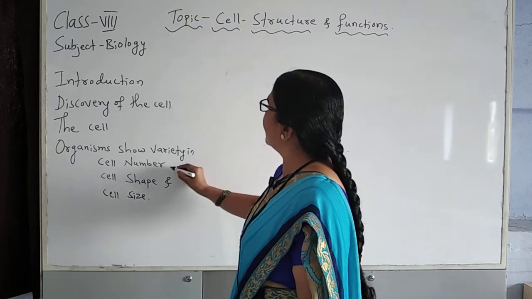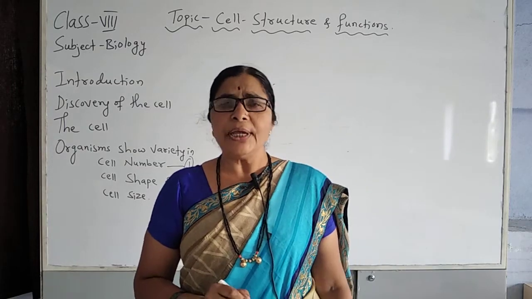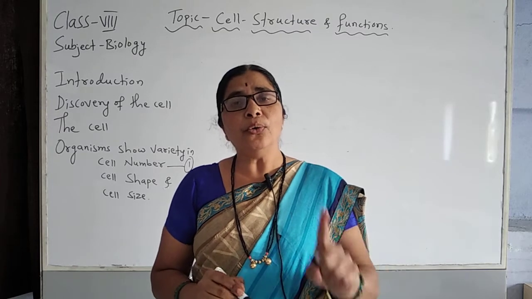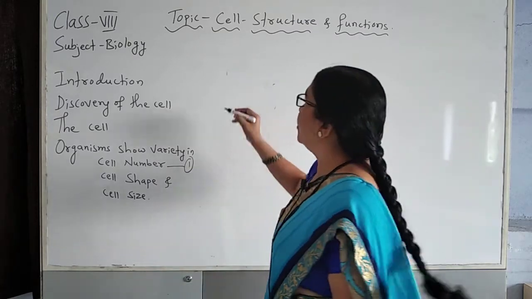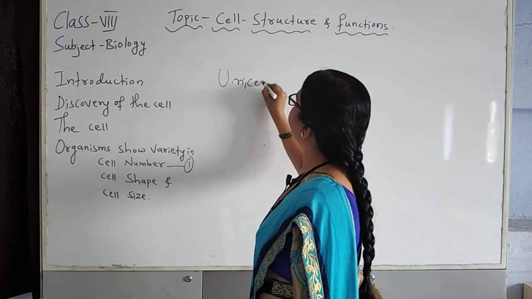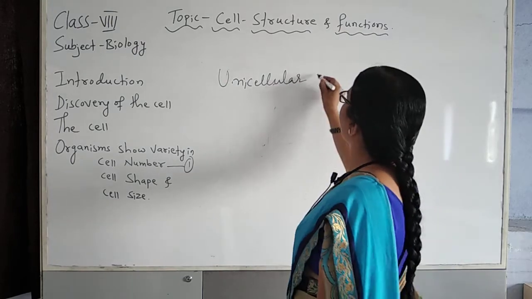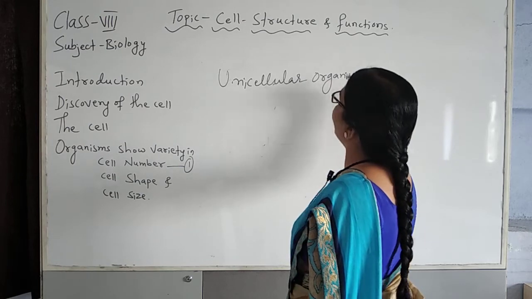First, cell number. Organisms which are made up of only a single cell are said to be unicellular organisms. Very important.